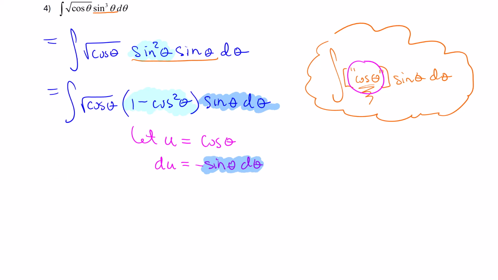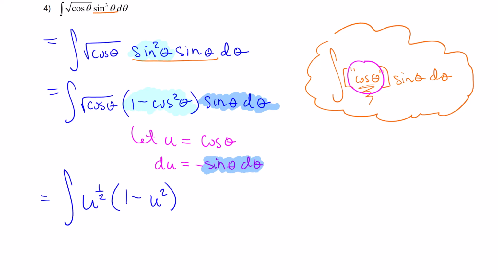Hopefully in the right color here. Okay, so we have equals the integral of, we had square root of cosine theta, but now that's going to be square root of u times, in fact, to skip ahead a little bit, let's call that u to the 1/2. Same thing, but it's more algebraically friendly for us. All right, u to the 1/2 is the square root of u, which is now replacing cosine, times in parentheses 1 minus u squared.